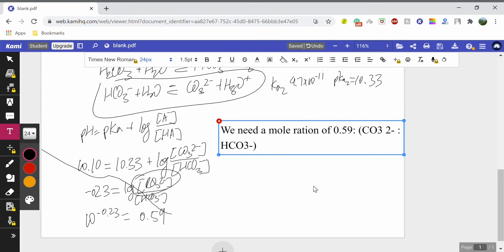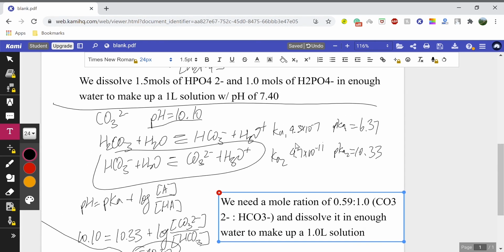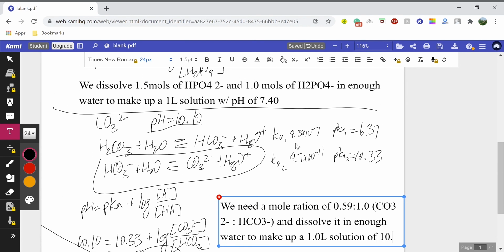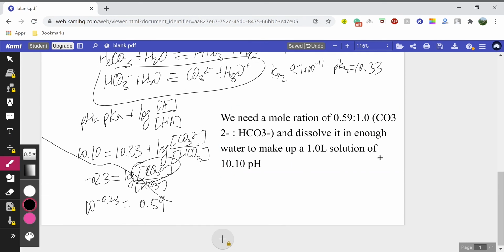The ratio is 0.59 to 1.0. And dissolve it in enough water to make up a 1.0 liter solution of 10.10 pH. And that is how we prepare this buffer solution. Thank you for watching.